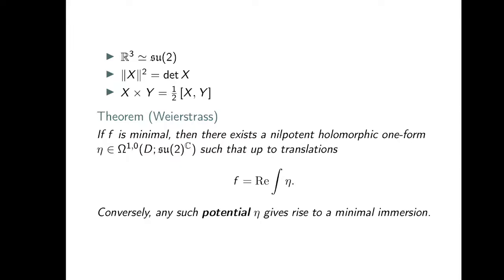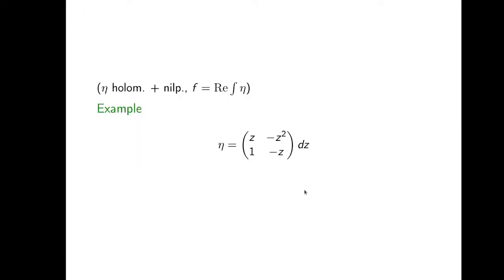Let's make the Enneper example with this representation. Well, we need a nilpotent holomorphic one-form in the form of a matrix, eta. And here is the explicit formula giving exactly the same surface as you saw before. Eta is holomorphic, you can check that.